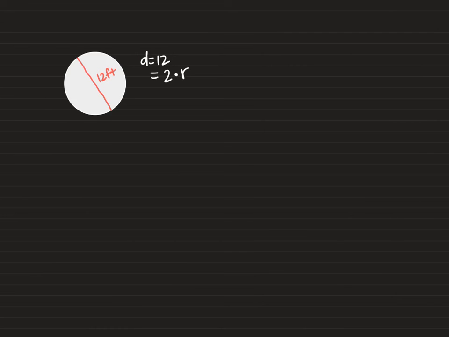So I'm going to cut this in half or divide this number by 2 to get my radius first. In this case, because I have 12, my radius is going to be 6. So once I find out my radius, I'm going to plug it into my equation to find out the area, which is going to be pi times 6 squared, or it could be 3.14 times 6 squared, which is going to give you the same equation.